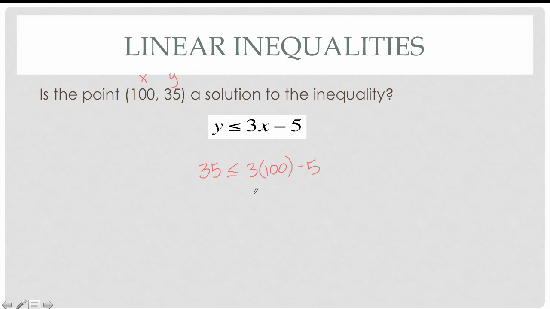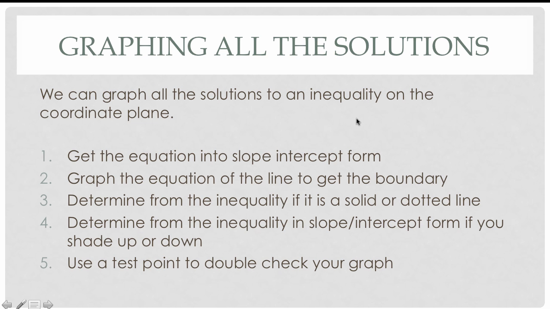Well, 3 times 100 is 300, minus 5 is 295. And yeah, I would say 35 is less than or equal to 295. So yes, it is a solution. There we go. We're testing points. We're kind of understanding what this inequality is trying to show us. All right, so lots of solutions.